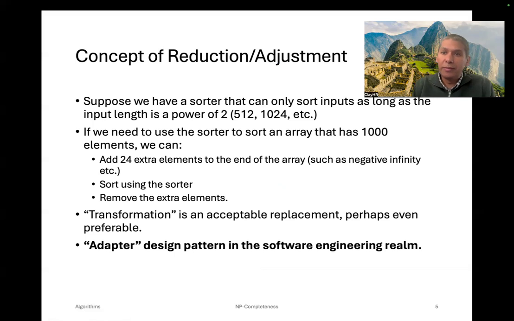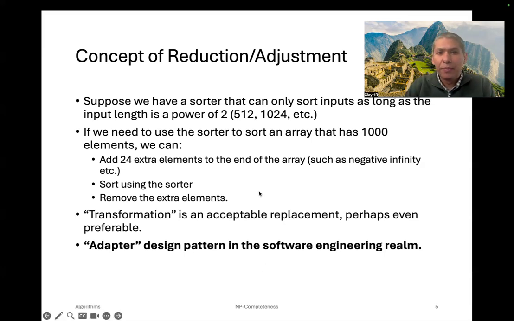Another term that can be used is adjustment or transformation, and sometimes transformation is perhaps even preferable in my opinion. But the common term used in theoretical computer science is reduction.